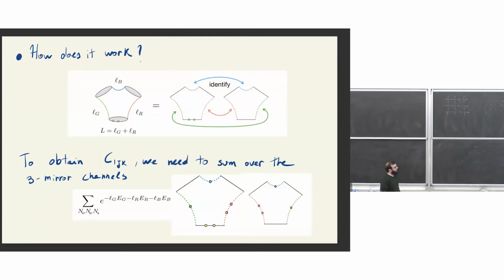As I mentioned, you need to do this sum over what are called mirror channels. It's not too important, but the idea is that at each order, I will start with inserting three times the vacuum, then one particle here, one particle here, and so on and on until I've exhausted all the possible insertions. So this is in principle a very complicated sum to tame, and this is not what we're going to talk about. We're going to talk about some problems when you try to glue back together these two hexagon form factors.